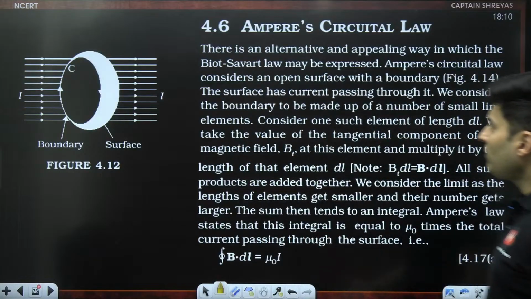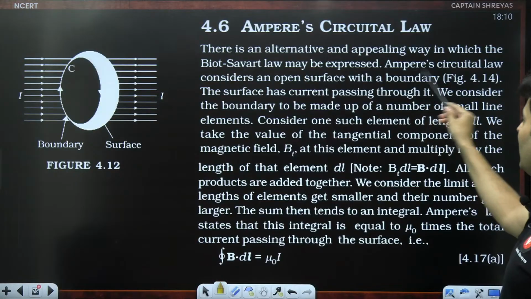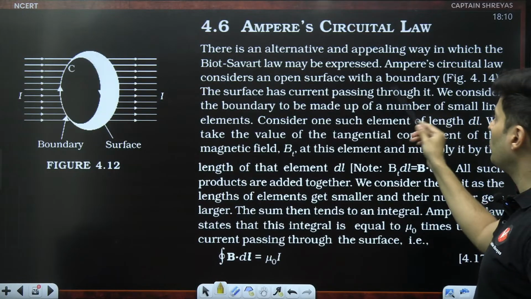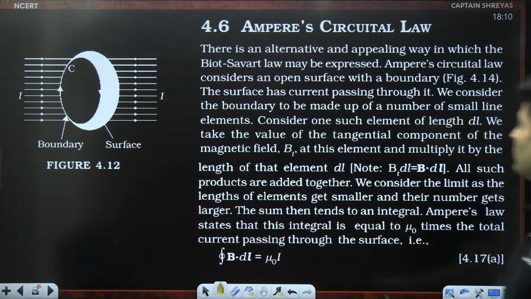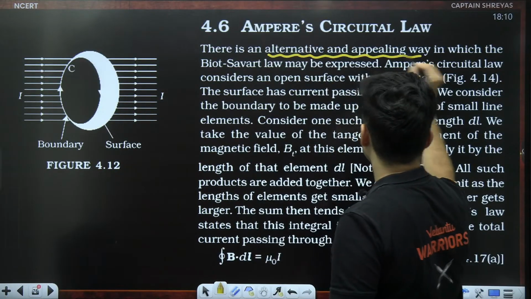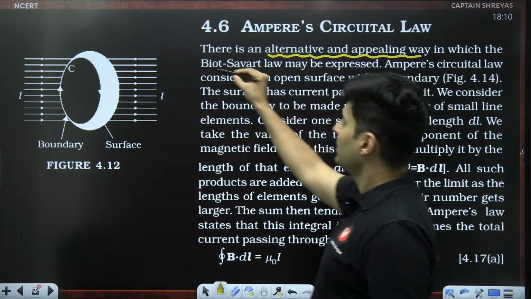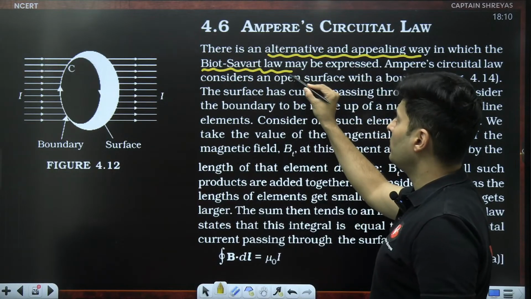So there is an alternative in which Biot-Savart's law may be expressed, and Ampere's circular law considers an open surface boundary. When the surface has a current passing through it, consider the boundary to be made of a number of small elements. So this is basically an alternative appealing way. Why they said appealing is because it is easier for symmetrical geometries instead of Biot-Savart's.